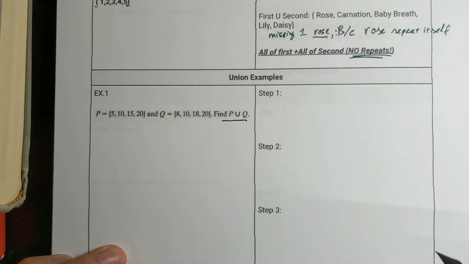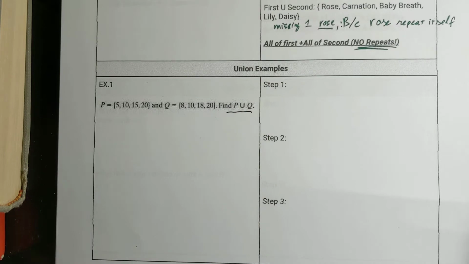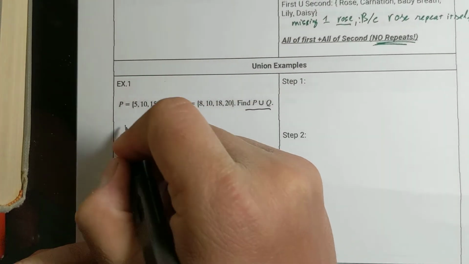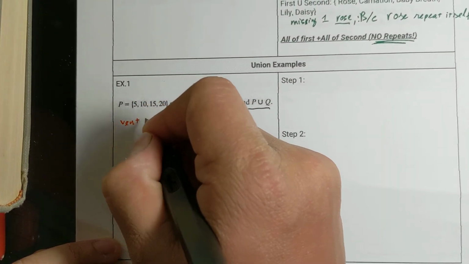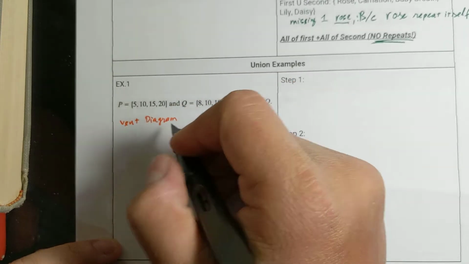Usually in statistics, the best way to visualize this is using a Venn diagram. I'm going to make a quick Venn diagram.